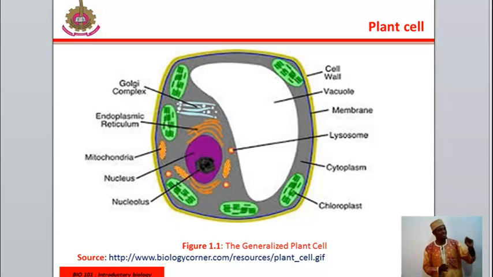Because it contains the genetic material, which the cell uses to control the activities of other organelles in the cell. The Golgi body, the endoplasmic reticulum, the mitochondria, and the nucleus are organelles in the plant cell. As they are found in the plant cell, they are also found in the animal cell, except some of them that I will mention later.